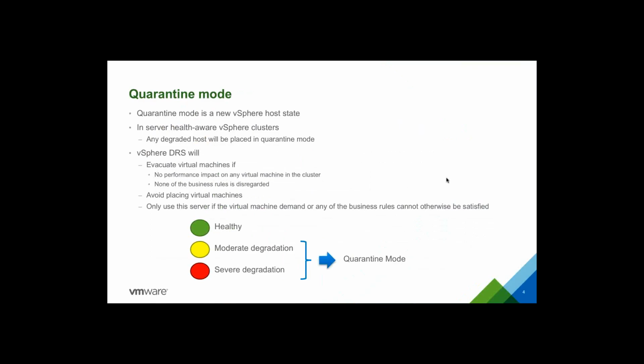So in that case, we wouldn't be able to place all of the hosts into either a maintenance mode or a quarantine mode, and so it would at least be intelligent enough to detect those types of shared components in the blade chassis. But if we're using standalone rack mount servers, then it would kick in and move the machines around where you have sufficient capacity.